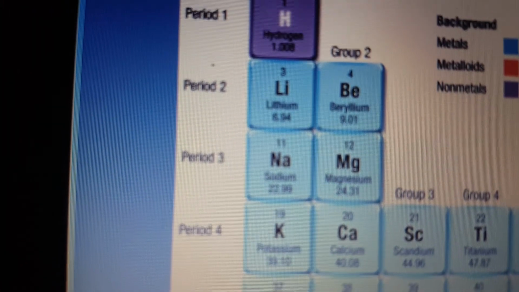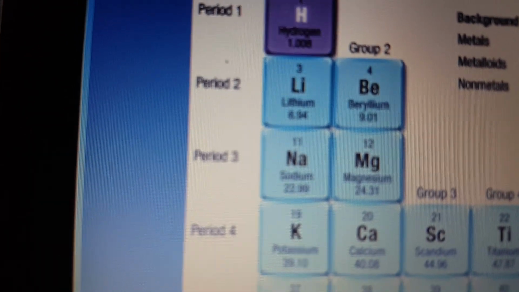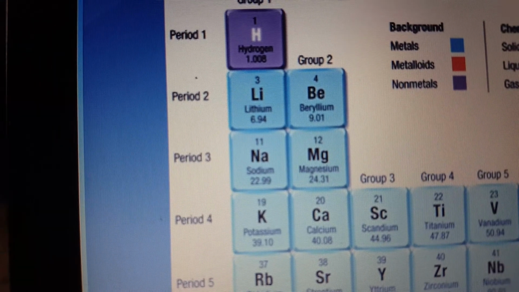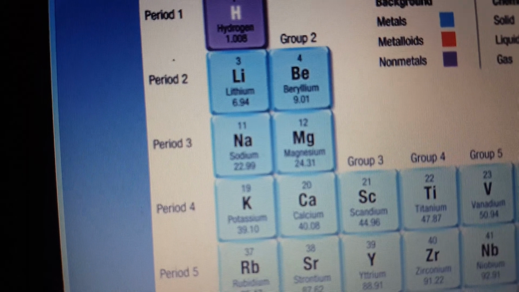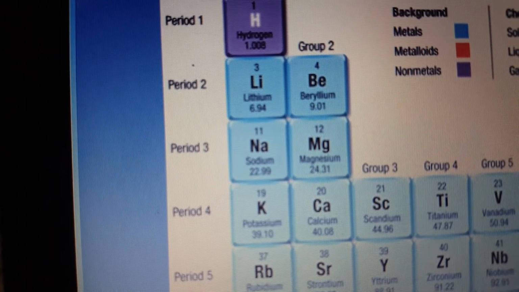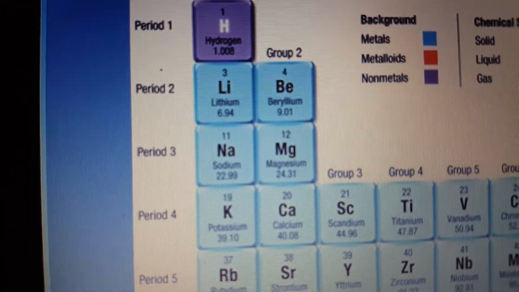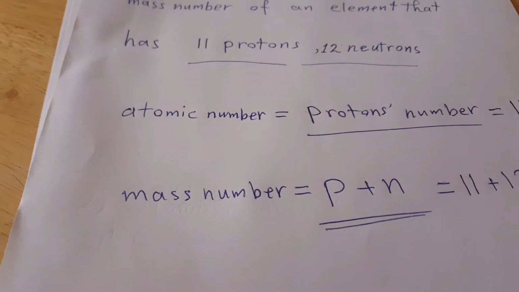As you see here, the atomic number is 11. Okay, you will ask me why the atomic mass down is 22.99, I think. I will tell you, because this is the atomic mass. This is not the mass number. You remember what is the difference between atomic mass and mass number?